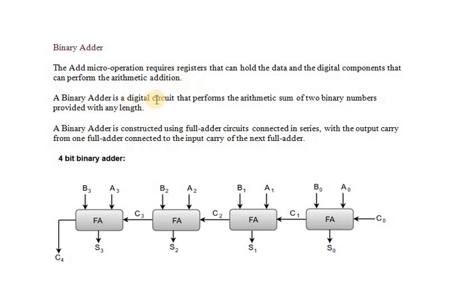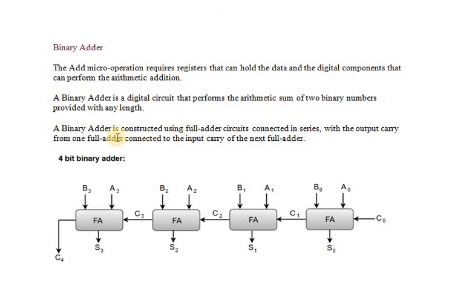A binary adder is a digital circuit that performs the arithmetic sum of two binary numbers of any length. Here we are going to use 4 bits. Sum means addition.